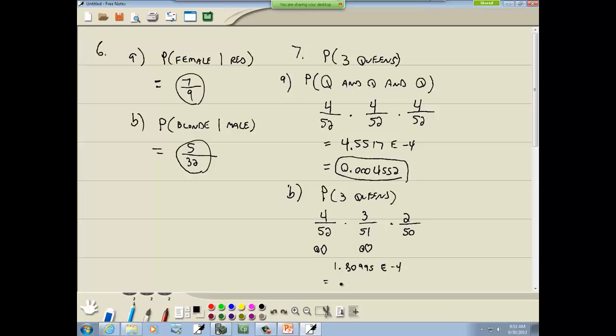Again, that means I move my decimal place 4 places to the left: 1, 2, 3, 1, 8, and I'll just do that there. That would be our probability.